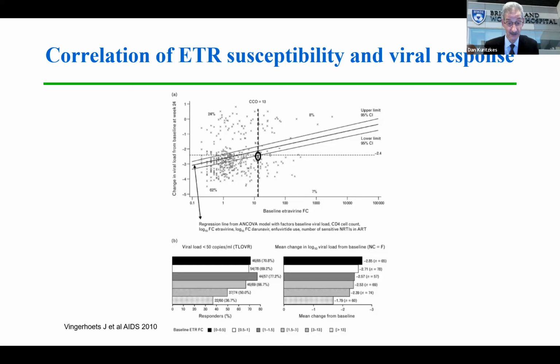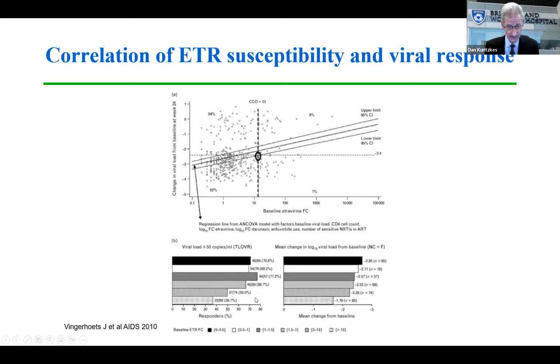And that can be for many reasons. So, for example, for those people who had susceptible viruses, but nevertheless failed to see much in the way of viral load reduction, perhaps that's due to non-adherence. For those who have high fold change, but nevertheless achieve a significant reduction in virus load, perhaps that's because of the activity of boosted darunavir in their regimen.